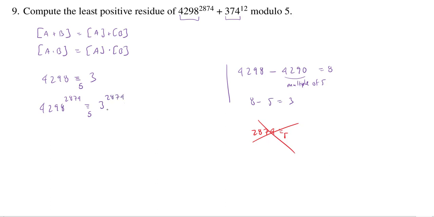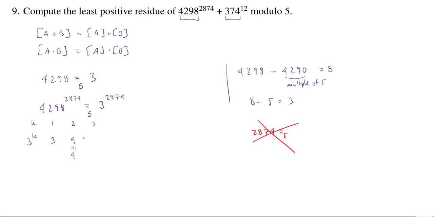Well, that still seems horrible to compute, right? That's an absurdly big number. So let's compute just a few examples and see what's happening. So if I raise 3 to the kth power, when k is 1, I get 3. When k is 2, and of course this is all going to be modulo 5, I get 9, but mod 5, I get 4.